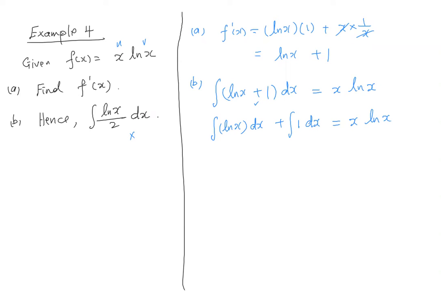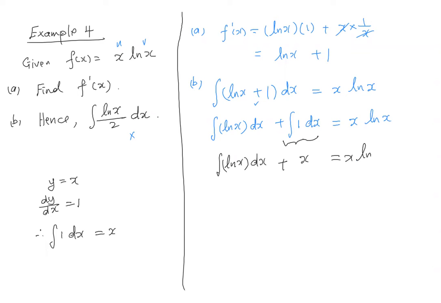If I have y equal to x, I differentiate, I will get 1. So you don't need your teacher to teach you 1, you also know. So therefore, you integrate 1 dx, you get x. Am I right? So this result is x. So I have integrate ln x dx plus the result of this is x equal to x ln x.